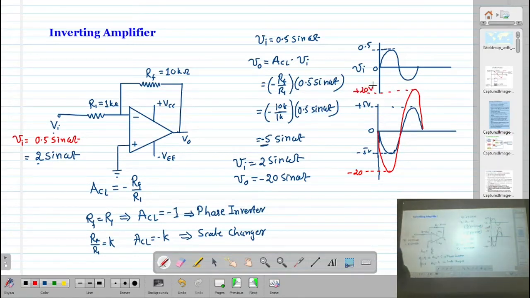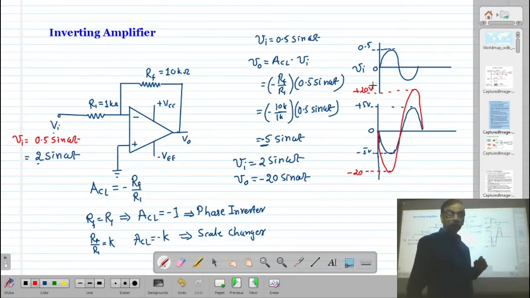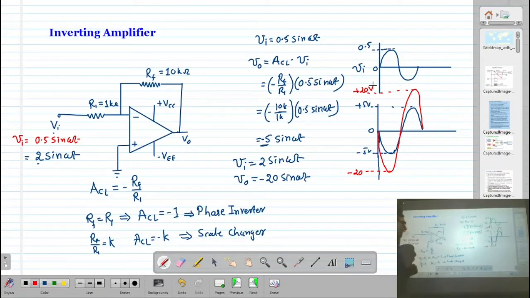But remember that the amplitude of the output signal depends on what your supply voltage is.